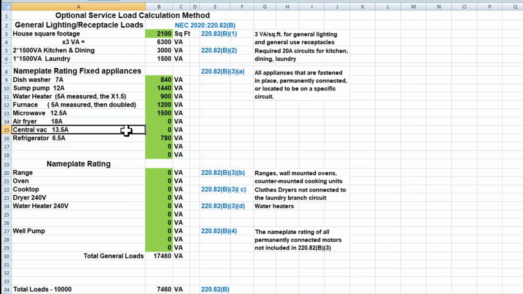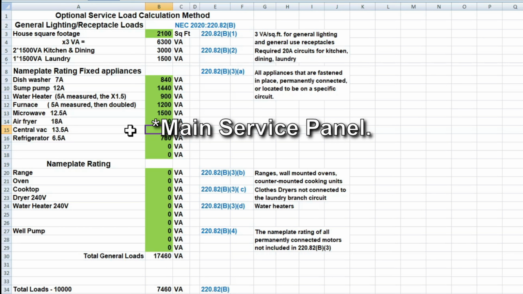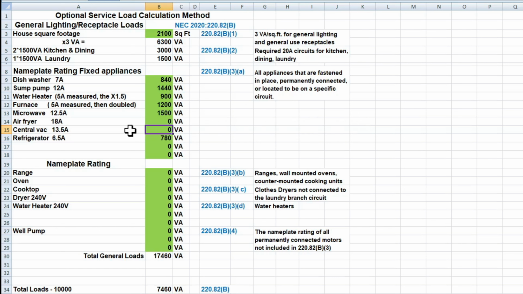The central vac is also zeroed out. That's not a critical load. And actually today, before I made any changes down there, that was always in the main panel and not on the Generac panel. So that was never backed up by the generator either. So I zeroed those two out. They're not part of the critical loads.